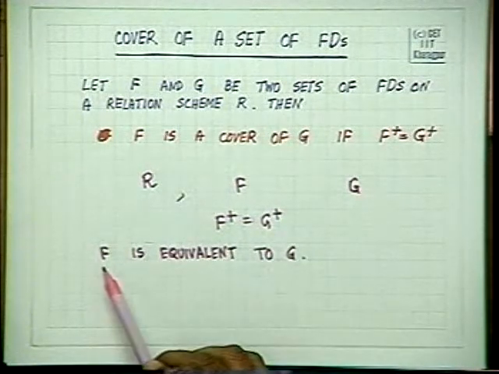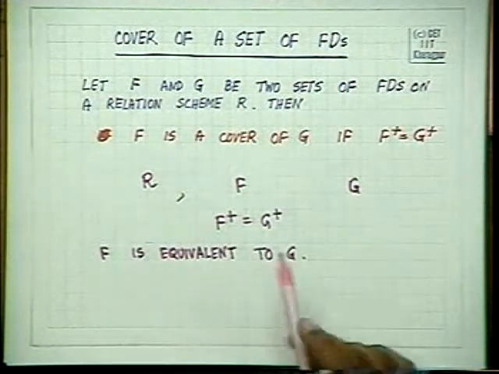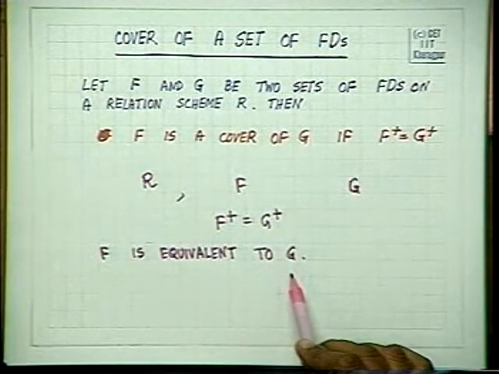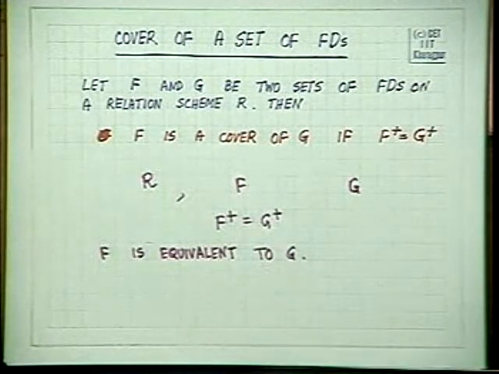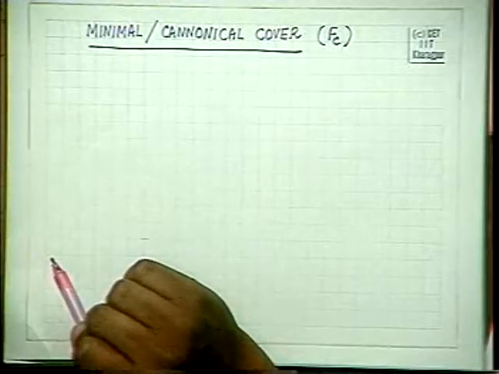That is, the set of functional dependencies which are logically implied by F are the same as the set of functional dependencies which are logically implied by G. The use of cover is important because that leads us to the concept of a minimal cover. Now we can have many covers of a set of functional dependencies.